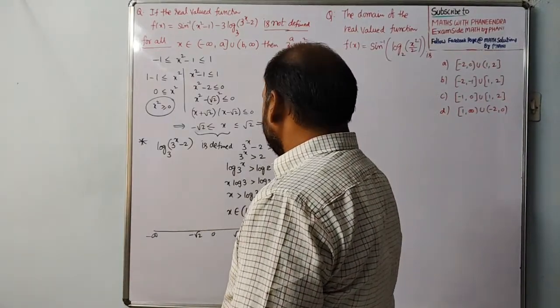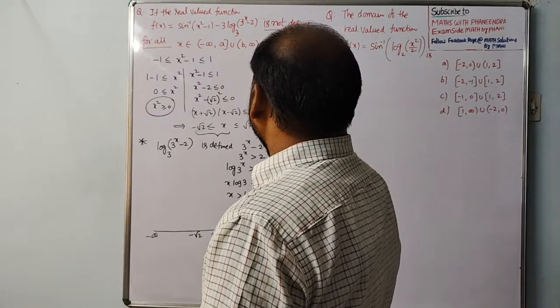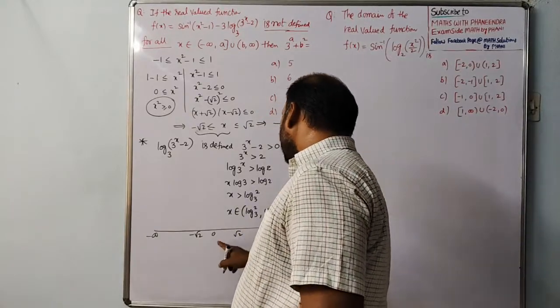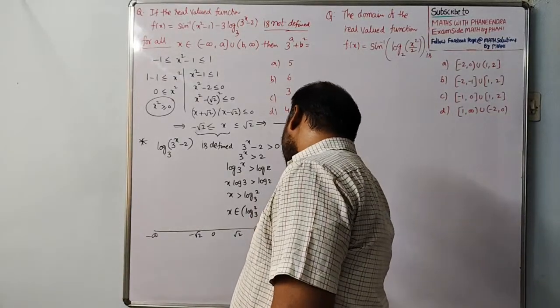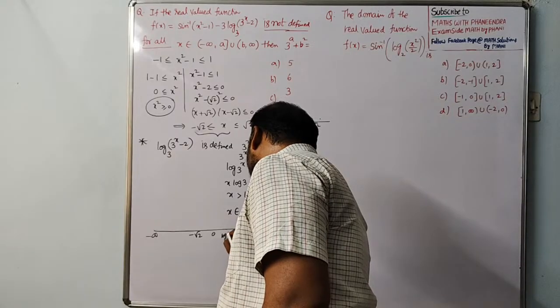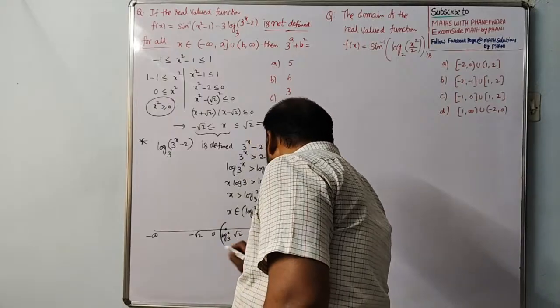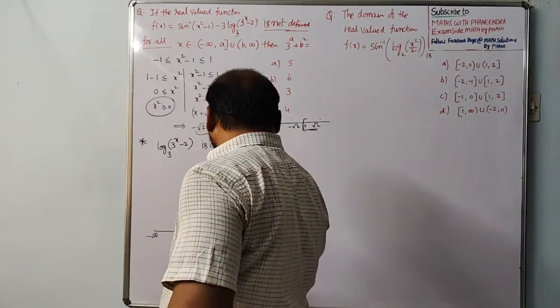Log 2 to the base 3. Log 2 value is only 1 point something, no, so it will be here, log 2 to the base 3. So from here to here, next it lies between the closed interval.